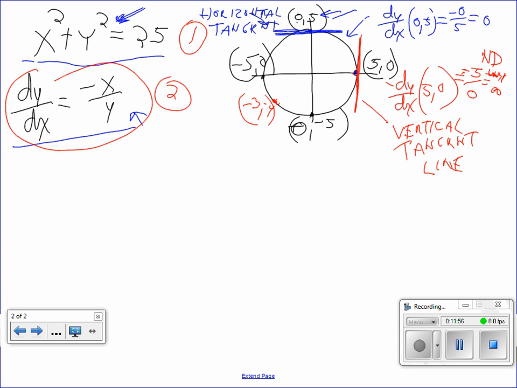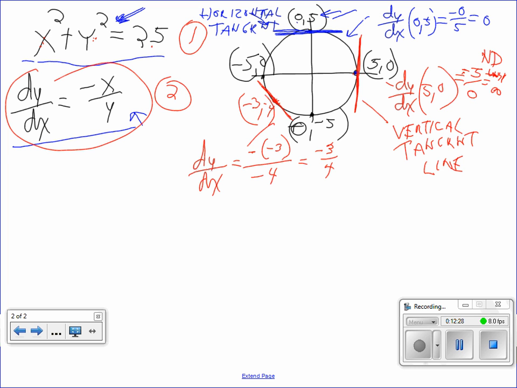If you put in 3 squared plus 4 squared, you're going to get 5 squared. So this point is on this circle. What's dy dx? Well, dy dx is going to be minus minus 3 over minus 4, and that's just going to be minus 3/4. And that kind of looks good, doesn't it? Yeah, that's negative. Certainly a negative slope.